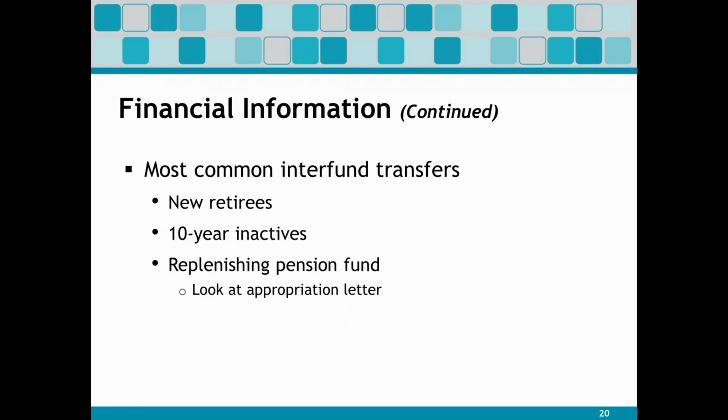Next page is what's happened the last year, fund by fund. So we start with the prior year's balance, then there's receipts, interfund transfers, and disbursements. And below it, it says list below all transfers.